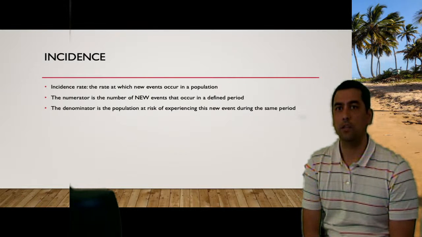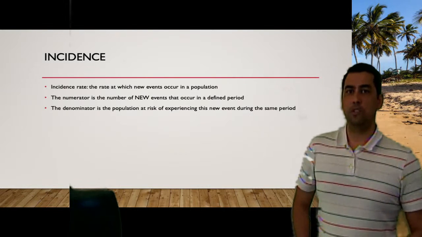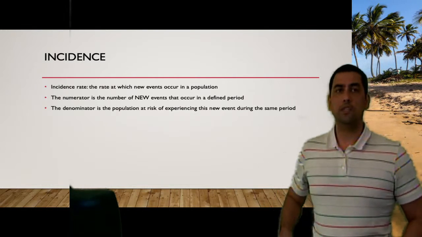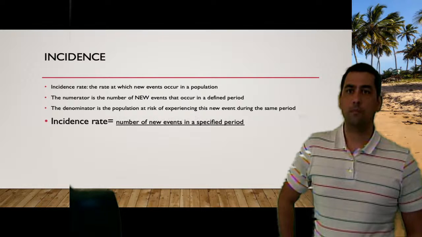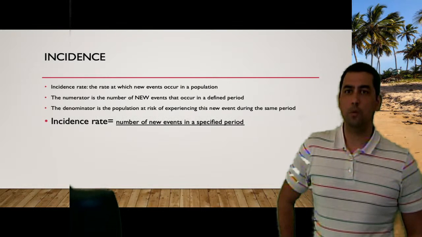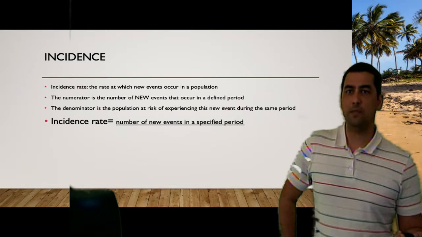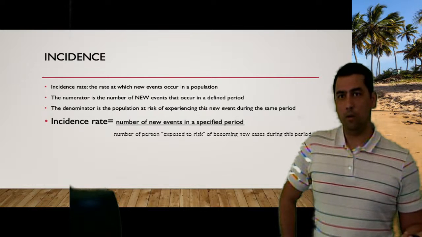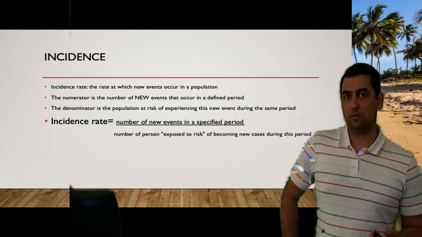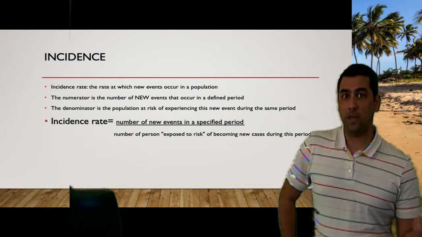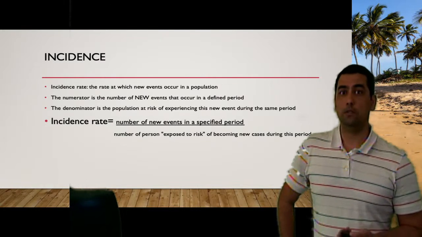The denominator is the population at risk of experiencing these new events during the same period. Incidence rate is equal to the number of new events in a specified period over the number of persons exposed to risk of becoming new cases during this period.